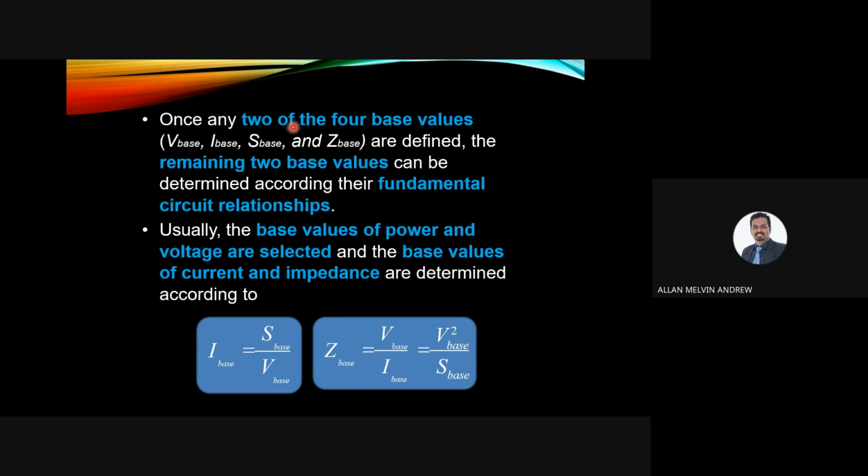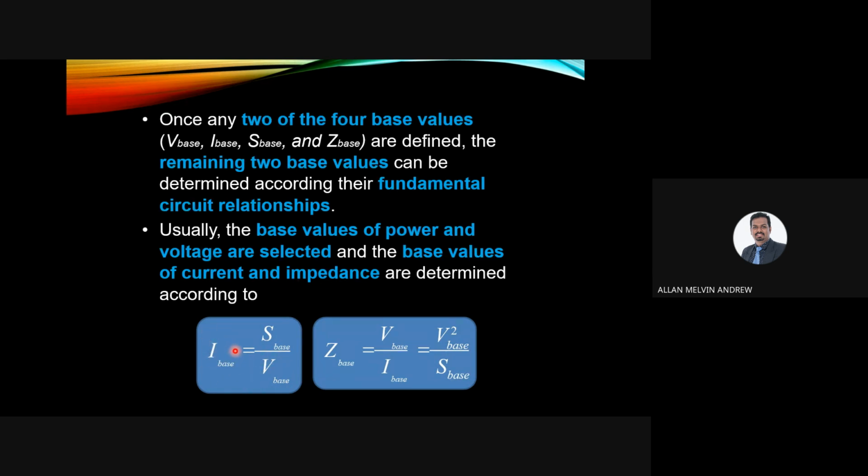Okay, so we know there are four values. As long as two base values are given, you can find the other two base values based on this relationship. Usually the base values of power and voltage are selected. So common practice, we will give the base value for S and also V. So you can just replace here and find I base.